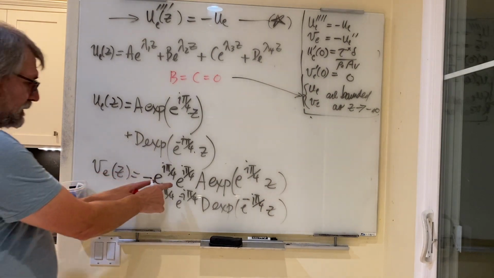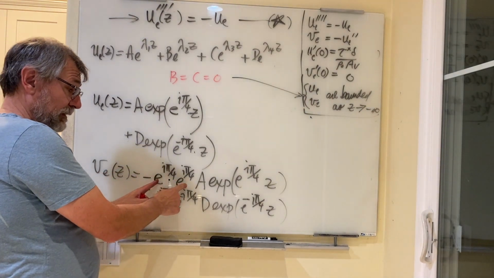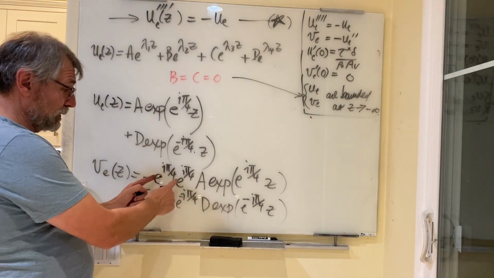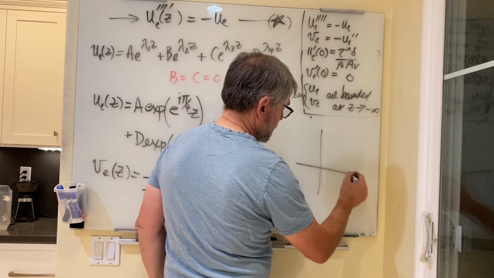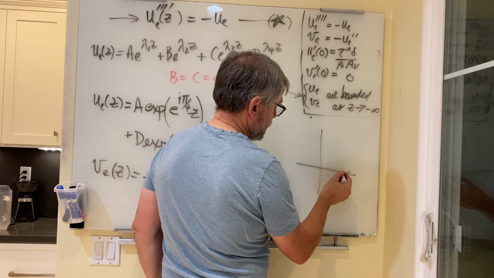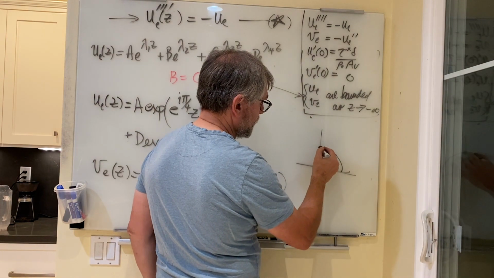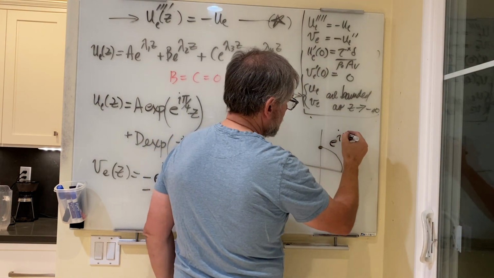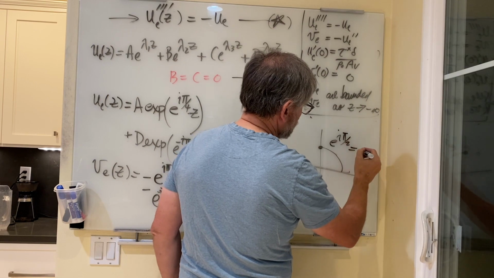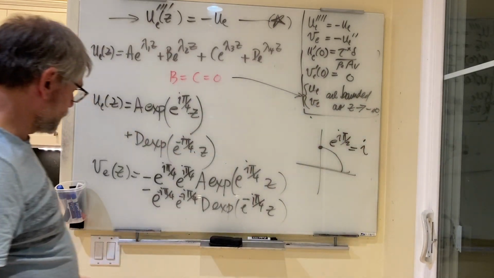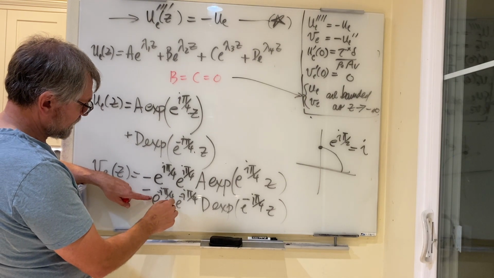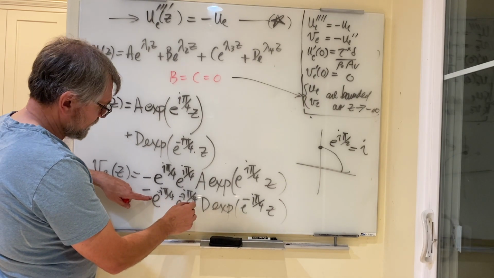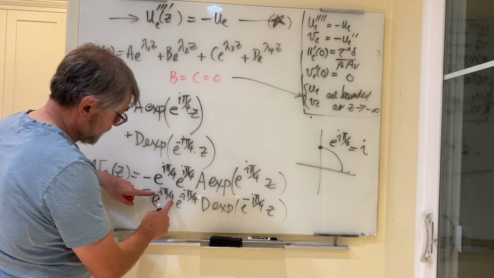And e to the I pi by 4 times e to the I pi by 4, that's e to the I pi by 2, right, pi by 4, pi by 2 is up here. So e to the I pi by 2 is equal to I. So this factor here is I, and same thing, e to the minus I pi by 4 times e to the minus I pi by 4 is e to the minus I pi by 2.